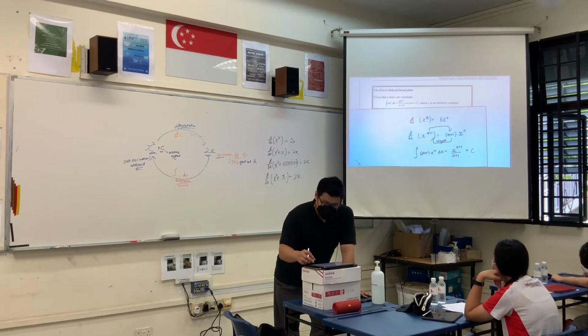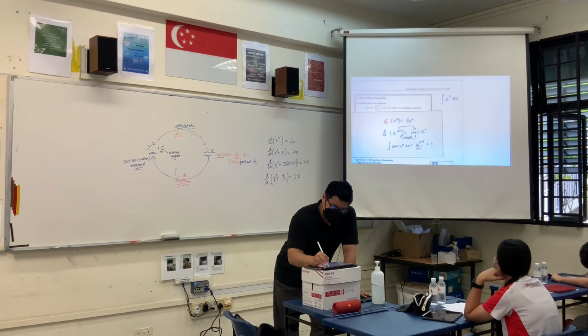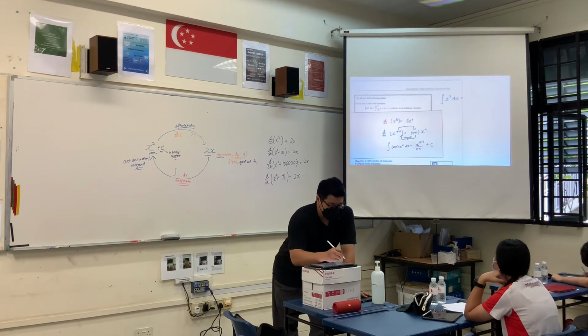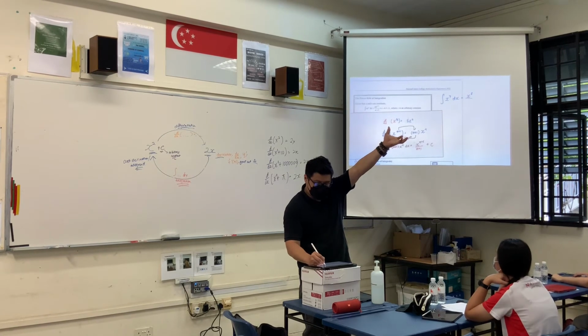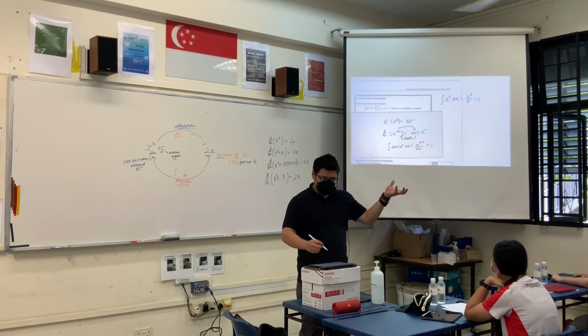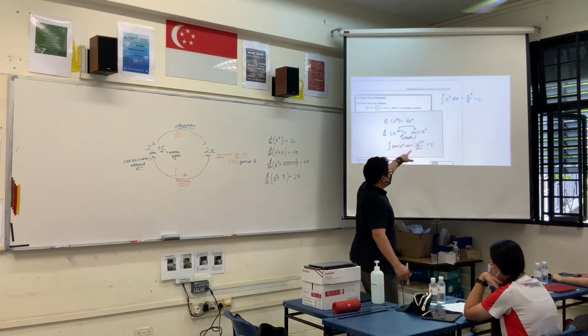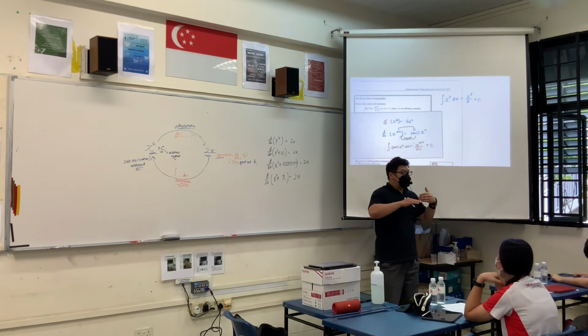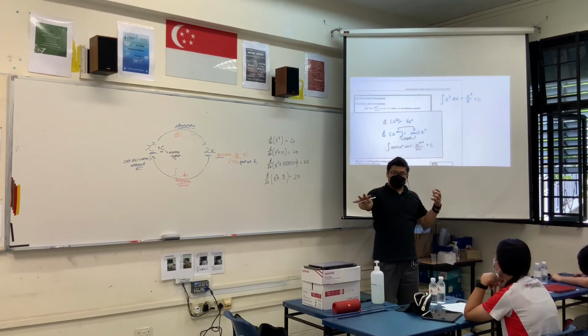So let me give you an example. If I integrate x to the power of 7 dx, following this formula, I increase the power by 1, I divide by the new power. That's all. In differentiation, bring down the power in front, power drops by 1.